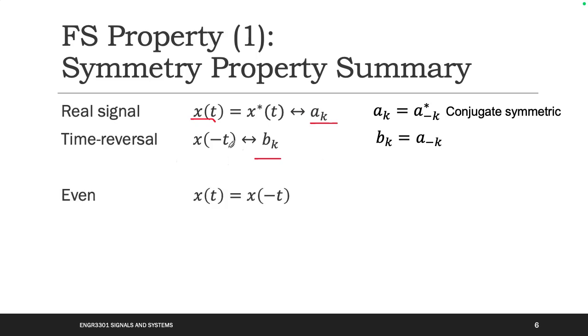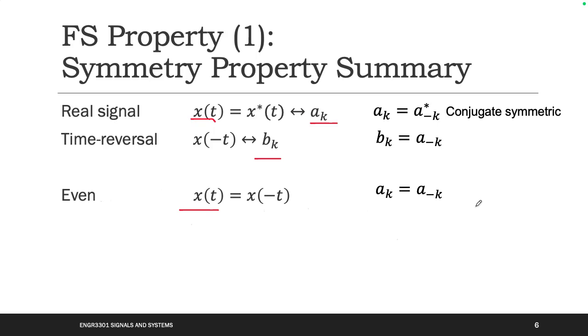If one signal is an even signal, x(t) equals x(-t), then we will have a_k equal a_{-k}. Here, this x(t) signal is any signal. I didn't tell you if it is real or complex. Only if this signal is even, then a_k will equal a_{-k}.